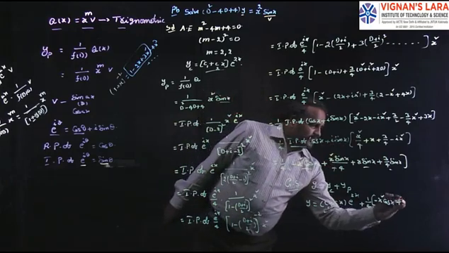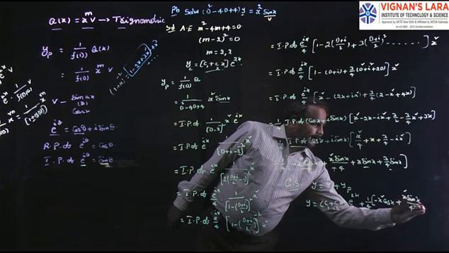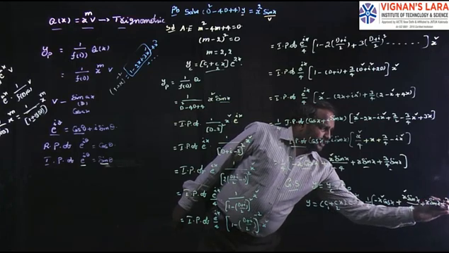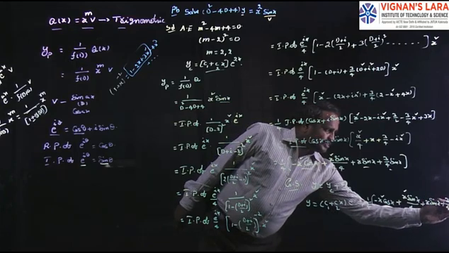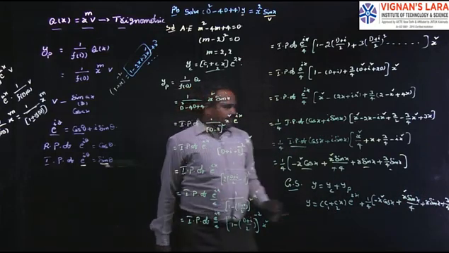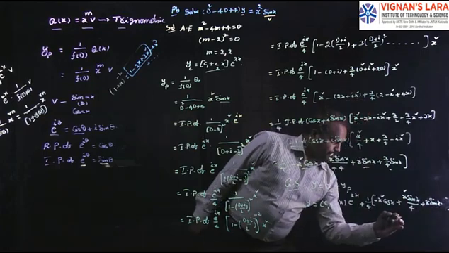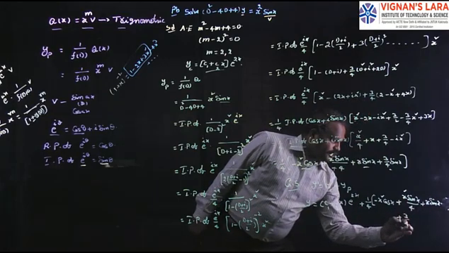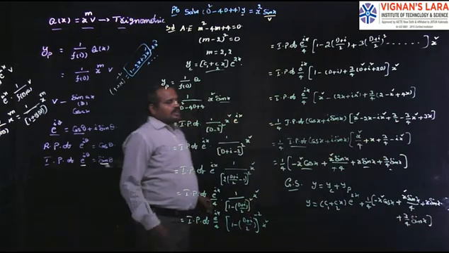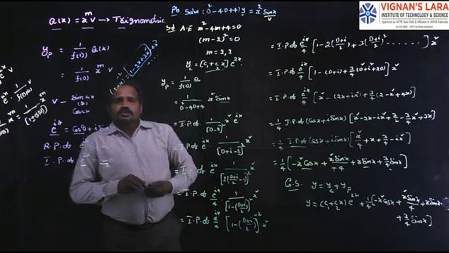So plus x square sin x by 4 plus x sin x plus 3 by 4 sin x. So here this term is plus 3 by 4 into sin x. So this is called the general solution of the given problem. Like this, we are going through one more problem.